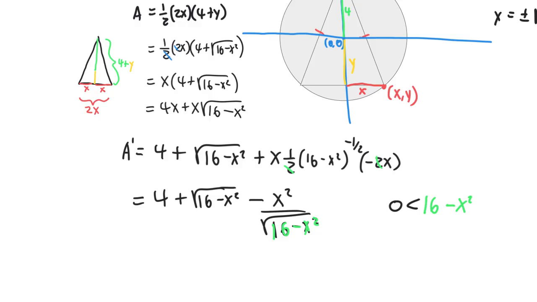It can't even be 0, right? Because then it would be an undefined fraction. But furthermore, whatever's under a radical needs to be positive, right? So if you were to work this out, you would see that x has to be between -4 and +4. So that is a restriction on the domain.